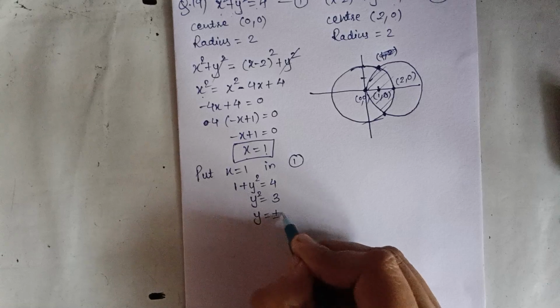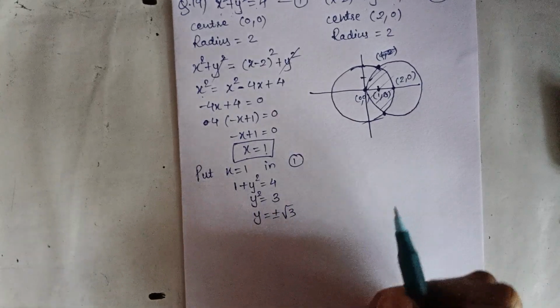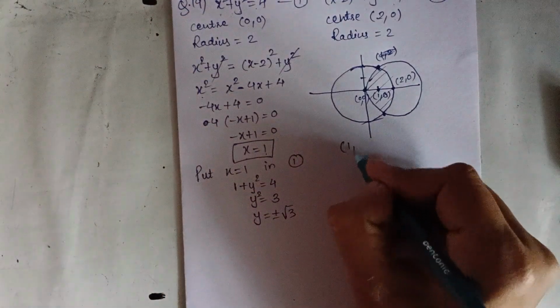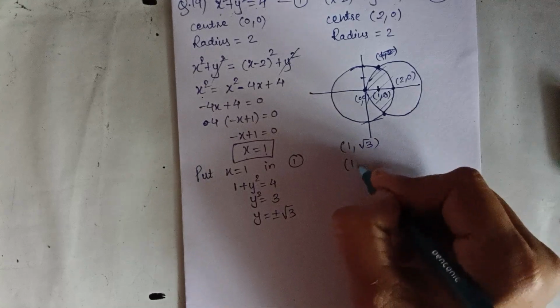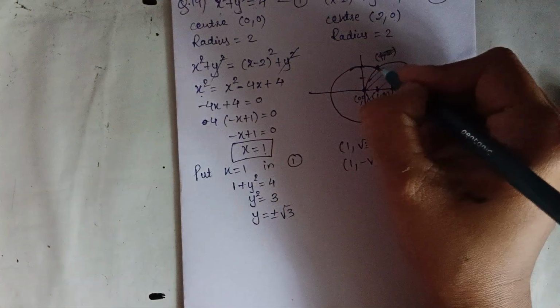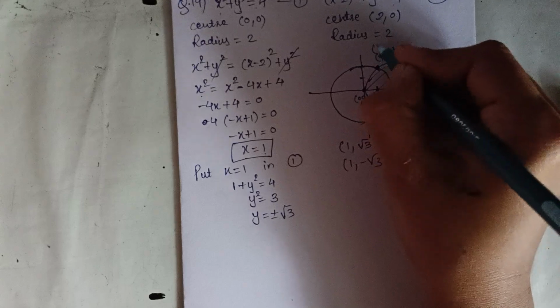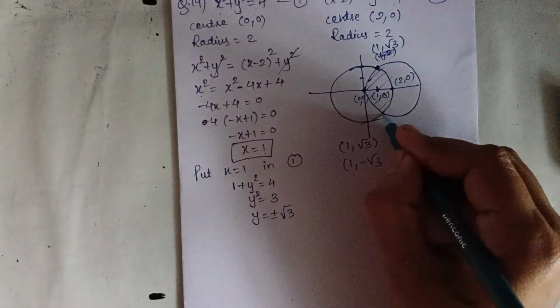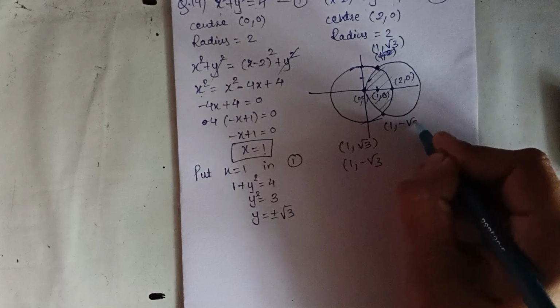So y is plus or minus root 3. So we got 2 points, that is 1 comma plus root 3 and 1 comma minus root 3. So this is our 1 comma root 3 and this is 1 comma minus root 3.